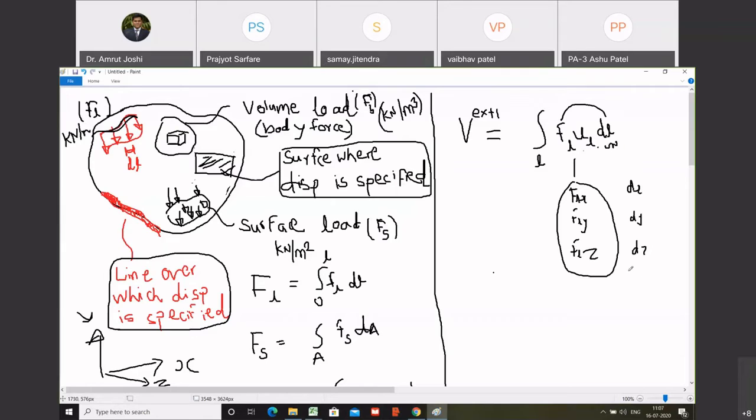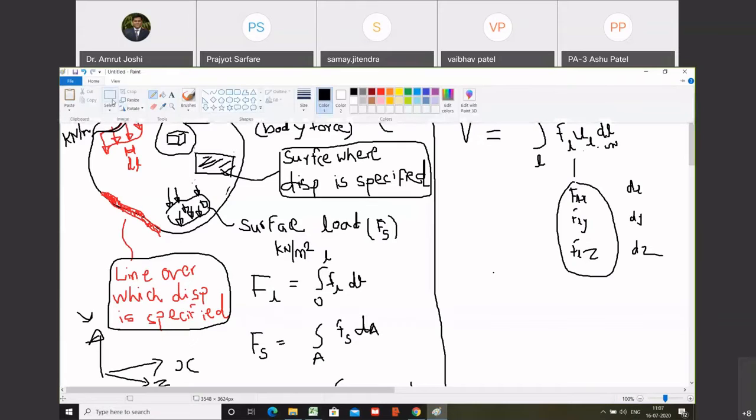So FLX DX, FLY DY, and FLZ DZ are the forces in X, Y, and Z directions acting over DL. Correspondingly, I can resolve this UL into components ULX, ULY, and ULZ, and then we can take the multiplication. How to evaluate this integration is altogether a different issue, but in principle, what we are evaluating is the integration of FL into UL DL over length L. Do you agree with me?